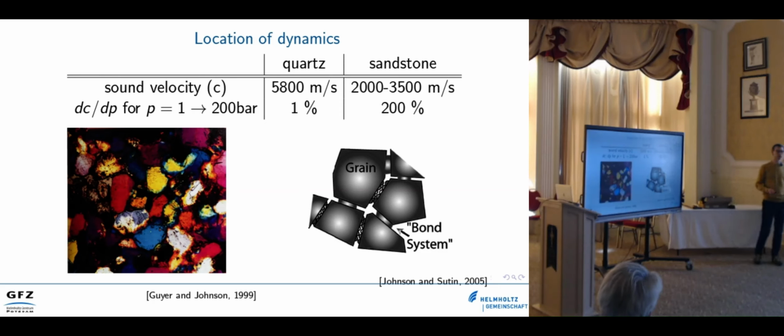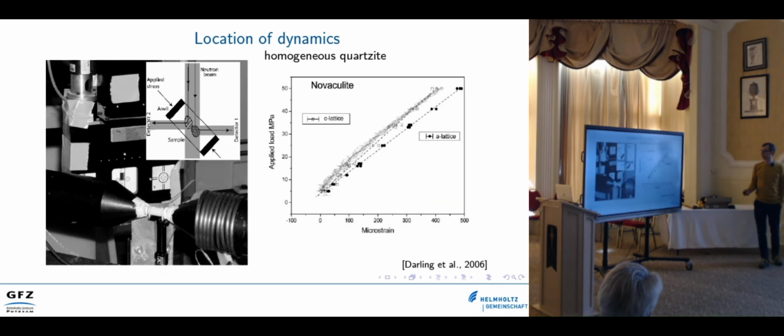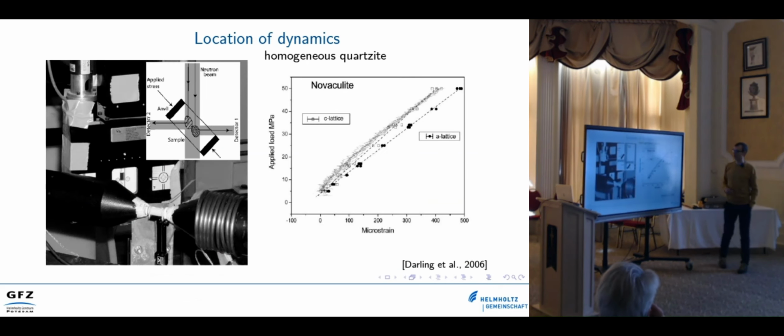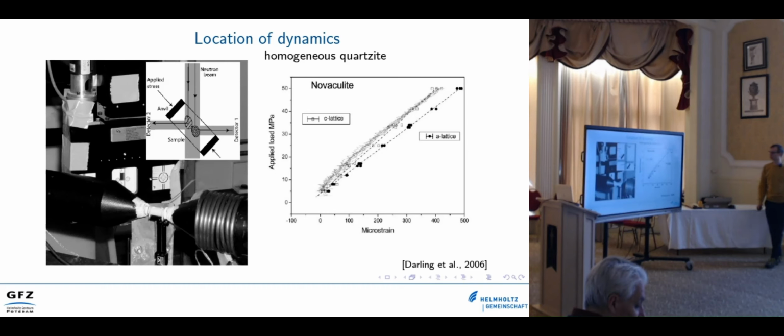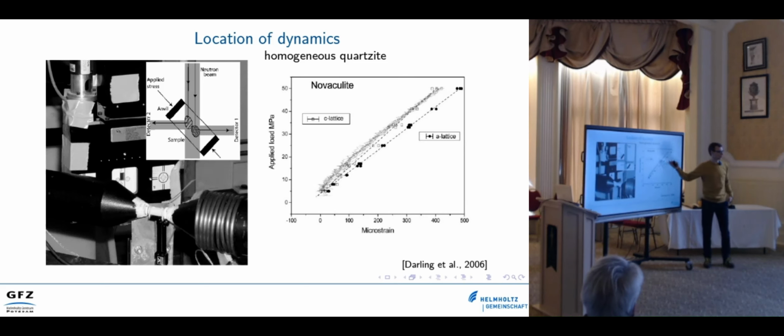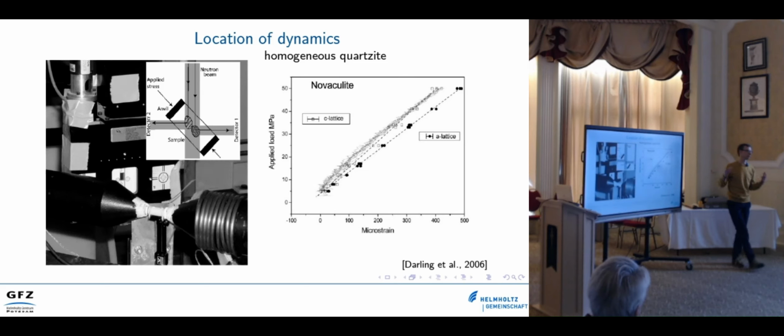But it can actually be observed more directly than just in a photograph by looking at neutron scattering. This is an experiment that has been done quite a while ago on a rather homogeneous quartzite. Quartzite is another rock that consists of quartz, but it has a much stronger bond system.